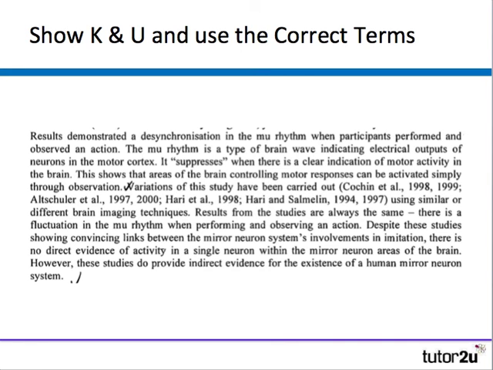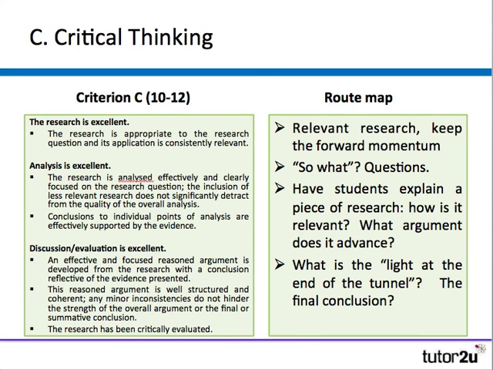She's talking about a desynchronization in the mu rhythm, which is a type of brain wave, when participants performed and observed an action. She's talking about the limitations of this, and how these fluctuations only provide indirect evidence for the existence of a human mirror neuron system. So she's showing good knowledge and understanding.